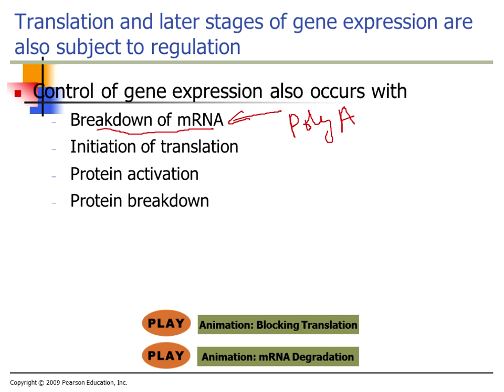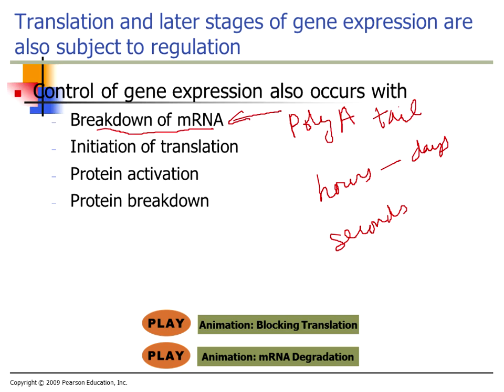Poly-A tail controls the half-life of the messenger RNA, and it turns out that some messenger RNAs hang around for a long time, hours to even days, whereas others have a half-life in seconds.